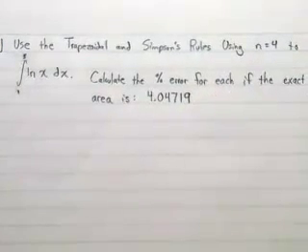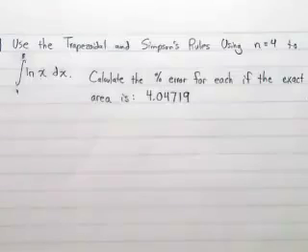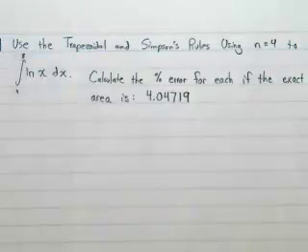I'll take this out to 5 decimal places for you. So when you're done with all your calculating with each of these, do the same thing. Round it off to 5 at the end, and then compare it to that, which is the actual area underneath.